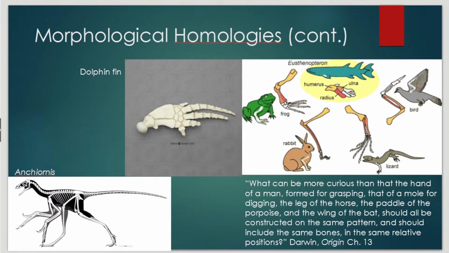More on morphological homologies. All tetrapods and even some lobe-finned fish have the same basic arm plan. So you have birds, they've fused a bunch of their fingers. Lizard, rabbit, frog, they haven't really fused their fingers as much, at least in this picture. Then you even have the dolphin fin, which is the same bones. I think there's hyperphalangy.